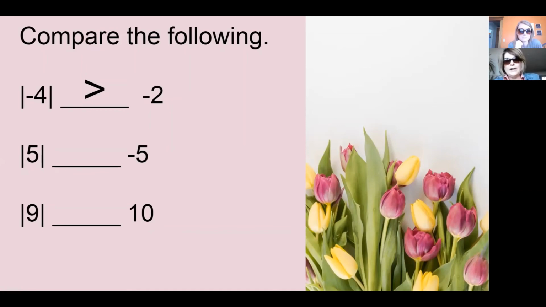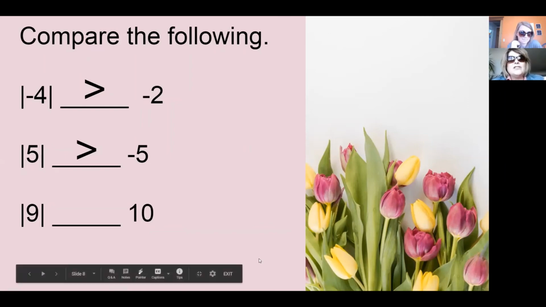The -5 or the 5? And we would say 5 is bigger because it's farther right on the number line. If we were talking money, it would be comparing $5 in my pocket to owing somebody $5. That's the negative part.